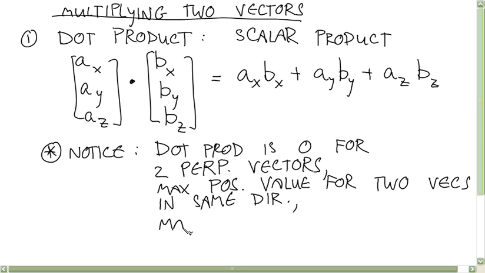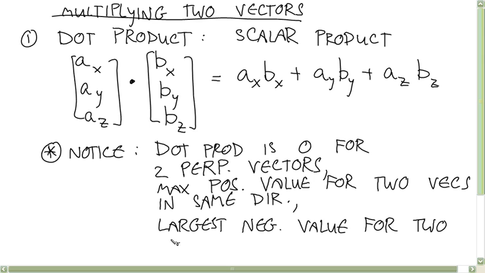And it has its largest negative value for two vectors in opposite directions. So they're parallel to each other, but the heads are facing the opposite directions.